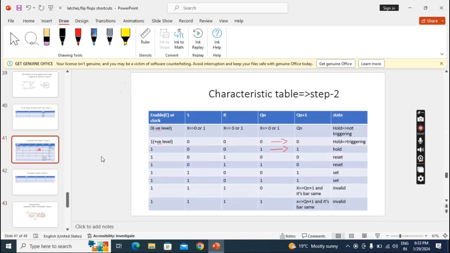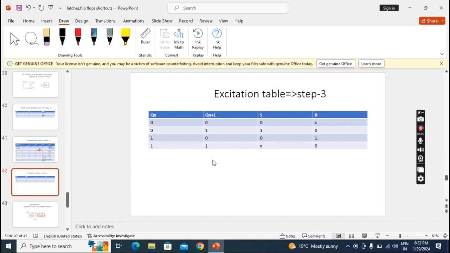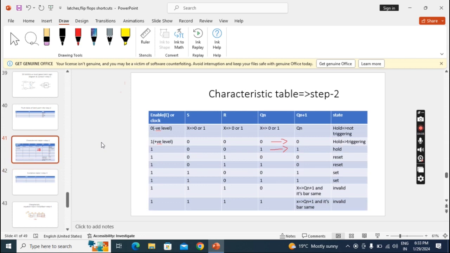Next we'll see 1 0. Qn equal to 1 and n plus 1 equal to 0. For 1 0 we are getting S0 R1.